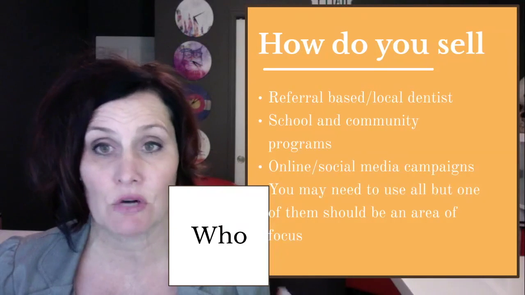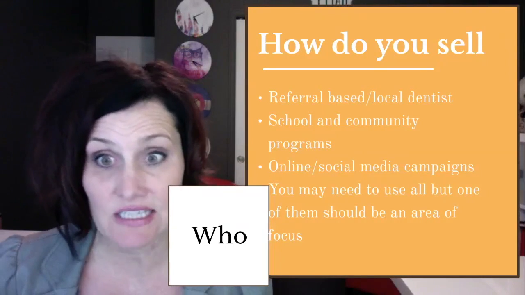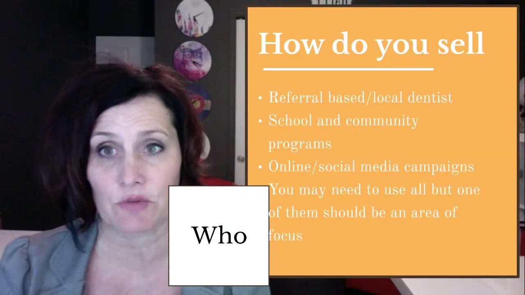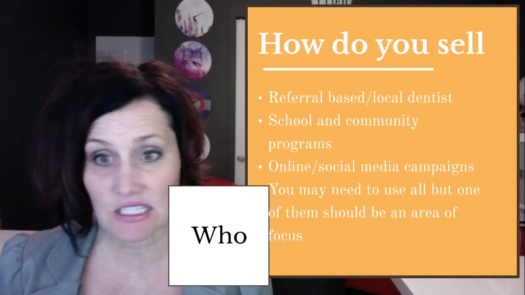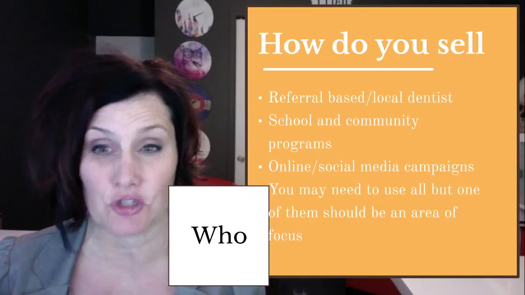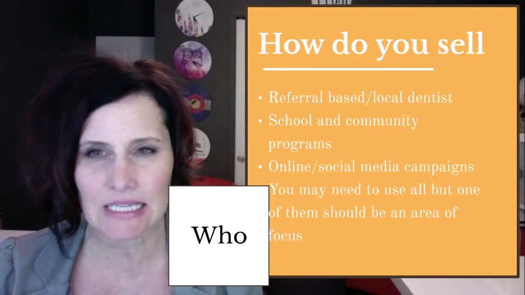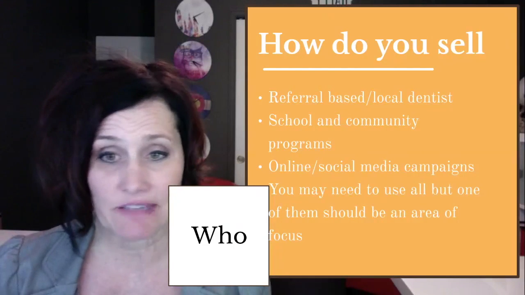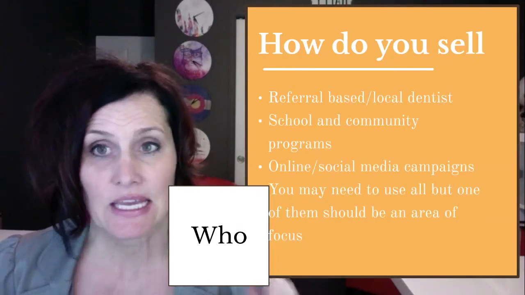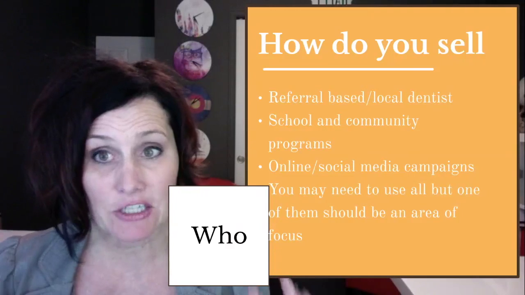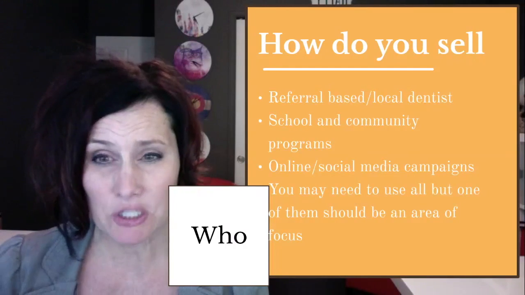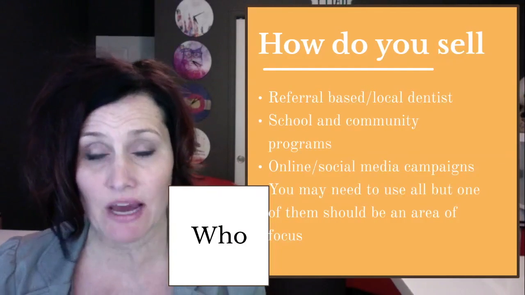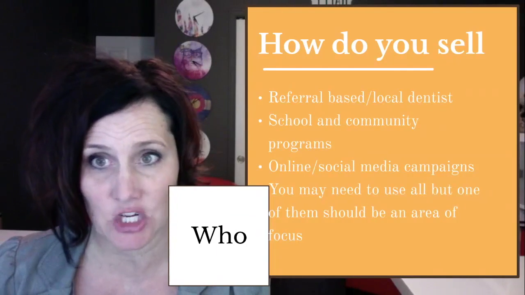Maybe it is through visiting your local dentists and doing lunch and learns with them. Maybe it is getting involved in your community and your schools and just being a part of the community. Maybe it's online, like we talked about with the pillars. Again, it doesn't matter what the how is, but you have to know what it is. You have to know how you're going to get your messaging out.